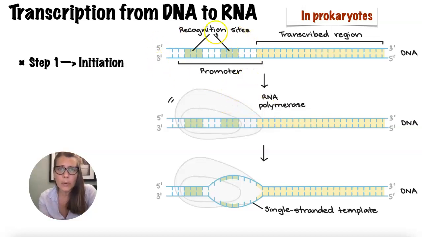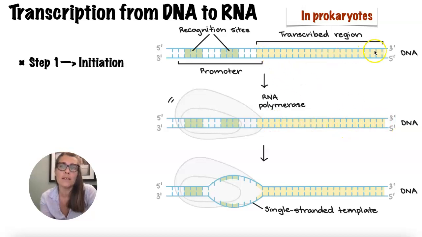The promoter is very important because it's a sequence on your DNA, on these 2 strands, that is going to be recognized by the RNA polymerase. The RNA polymerase recognizes and binds to these specific sequences, so it can then start to transcribe the region in yellow here, which is your gene.